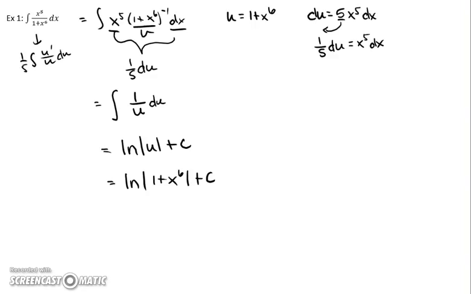So to take a look at an e problem, integrate 0 to 15 of t e to the negative t squared over 2 with respect to t. Our u is going to be our exponent, so u is negative t squared over 2, which is really the same thing as negative 1/2 t squared.